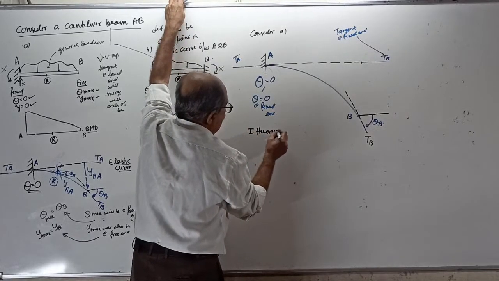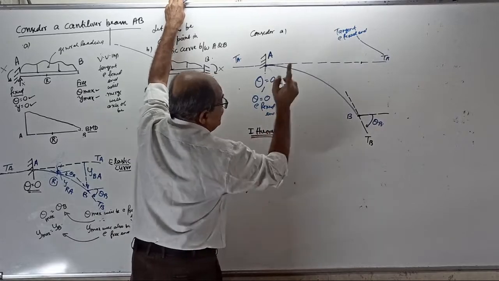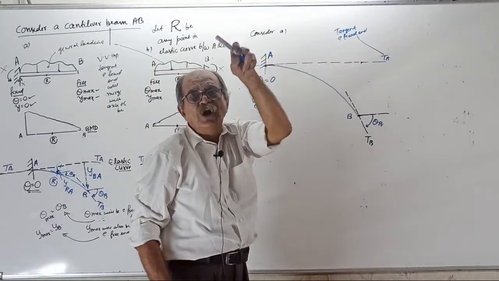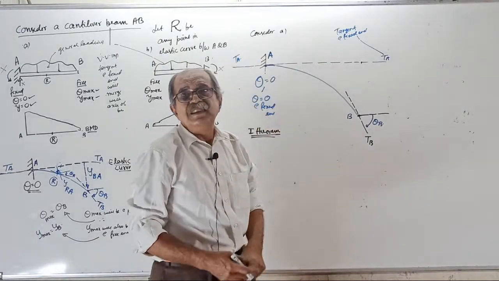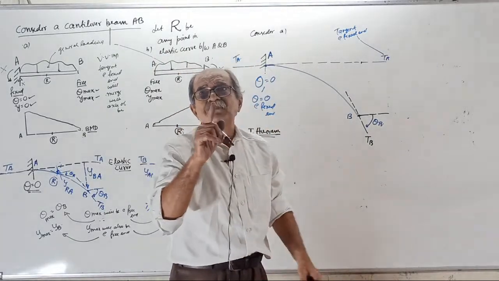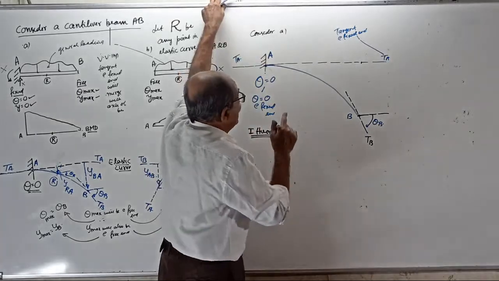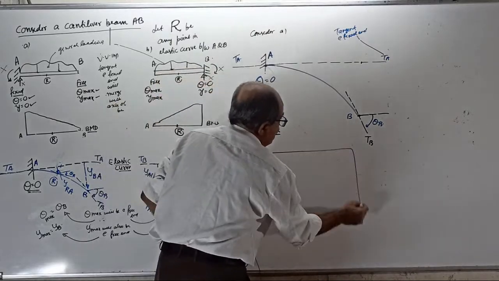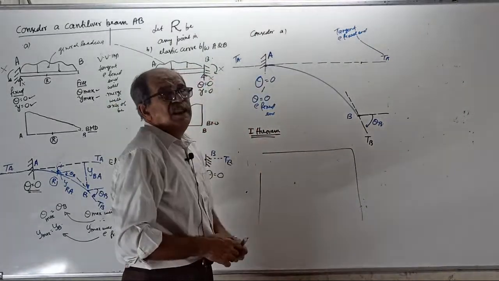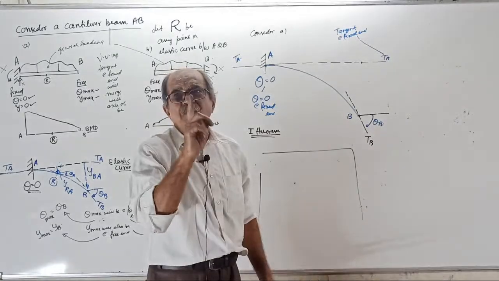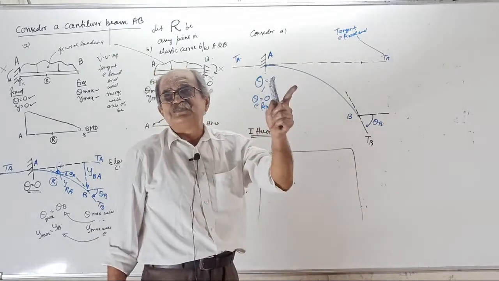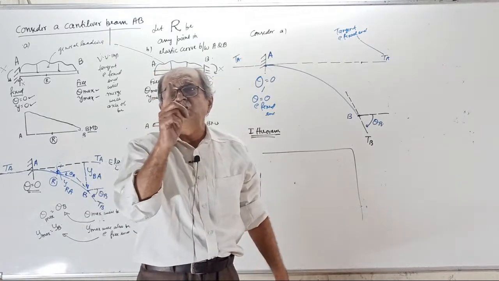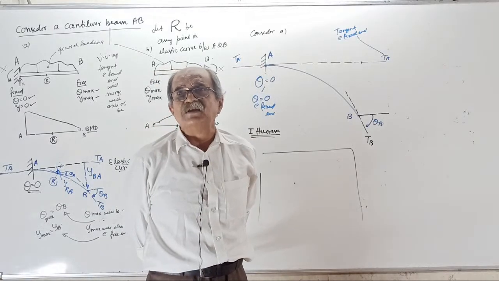First theorem: consider the point where you want the slope. Remember, for a cantilever, changes will come compared with a simply supported beam. Make a big note here, I am dictating. In case of a cantilever beam, the first point should always be that point where you want slope or deflection.